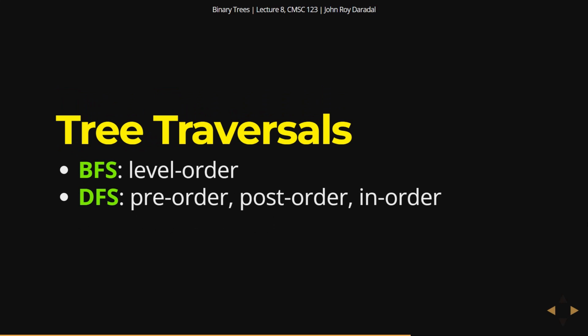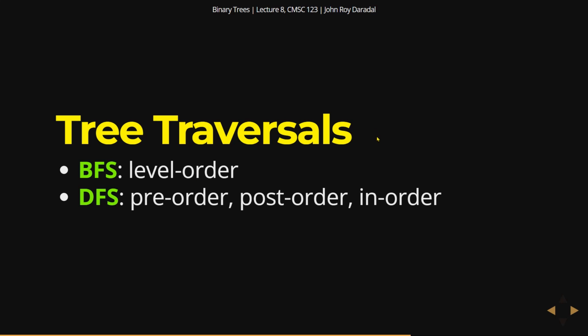We will discuss 4 different tree traversal algorithms: level order, pre-order, post-order, and in-order. We divided these into 2. Level order comes from the BFS or breadth first search, and the other 3 come from the DFS or depth first search.